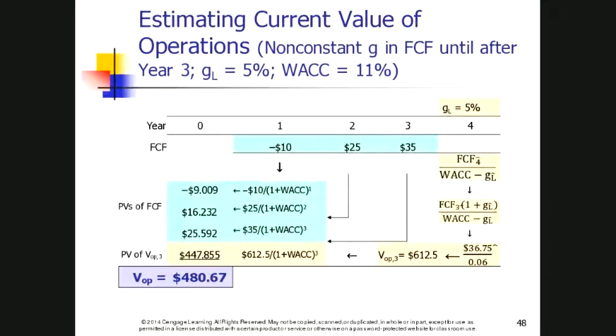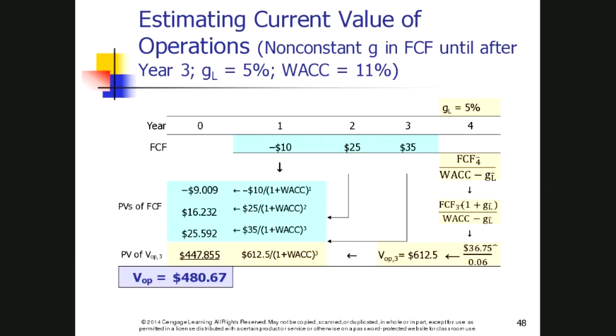This is what we saw. And eventually you should get a number that is very, very close to 480.67. Okay, so that was step number 1. Remember, we have several steps to go. Step number 1, calculate the value of operations.